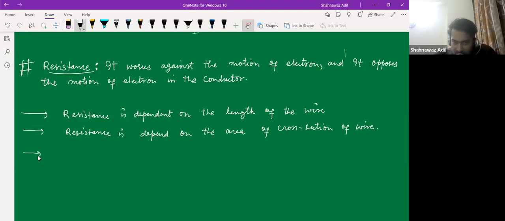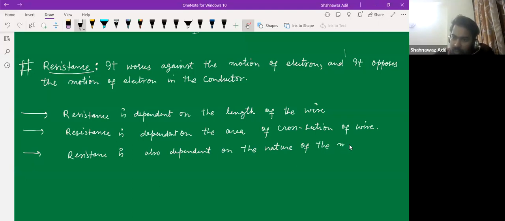And then it is also dependent upon the nature of the material, right?